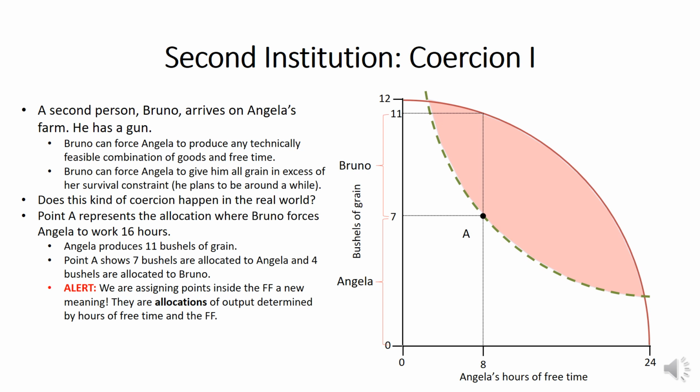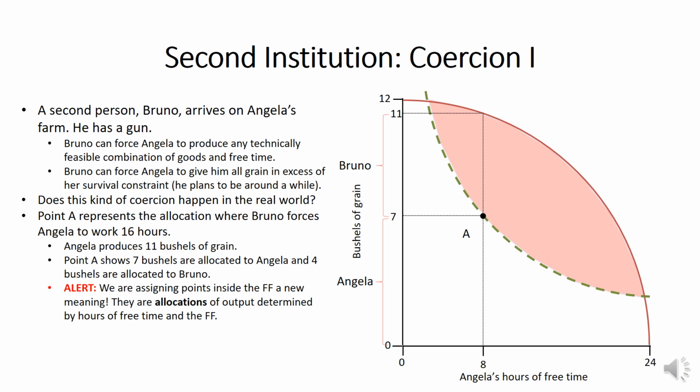And if we look at the feasible frontier, we will see that when Angela takes only 8 hours of free time, she produces 11 bushels of grain. And so we're going to show an allocation of grain between Bruno and Angela by a point like A here.